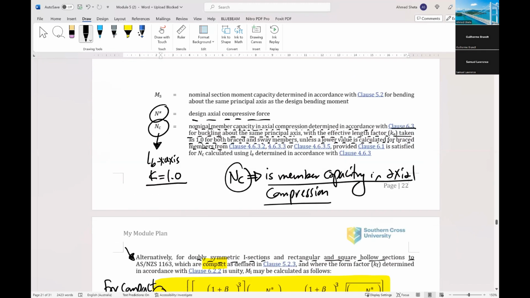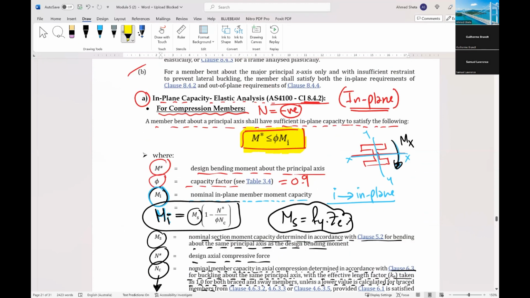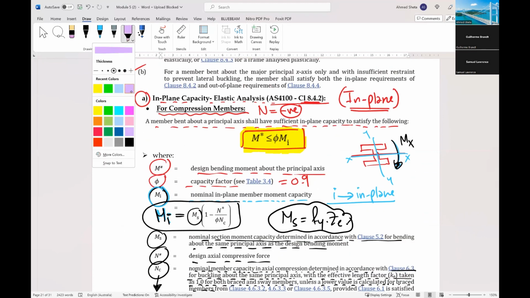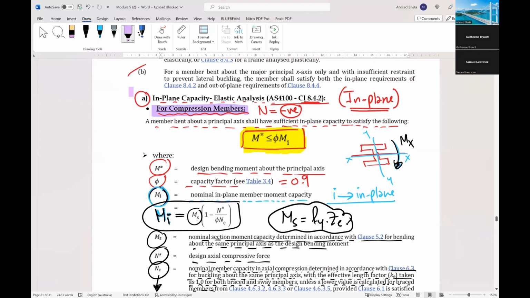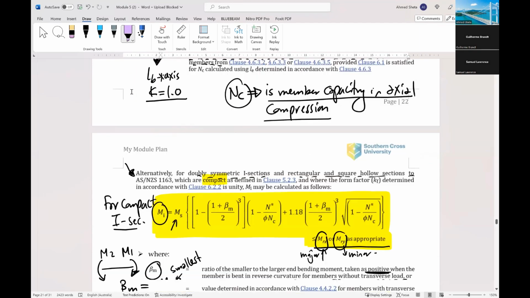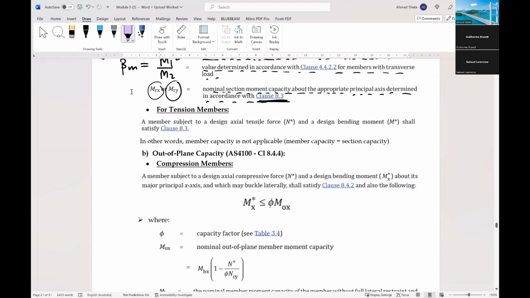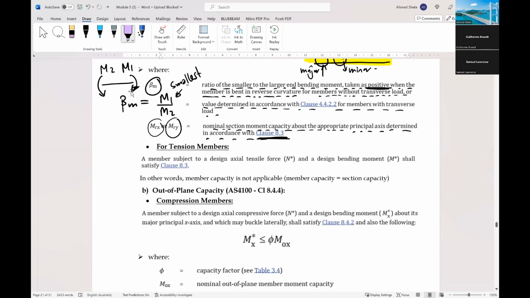So here, all this was for compression member. For tension member, because there is no buckling in tension member, it is a little bit different. A member subjected to design axial tension N star and design bending moment M star shall satisfy clause 8.3. In other words, member capacity is not applicable for this section.